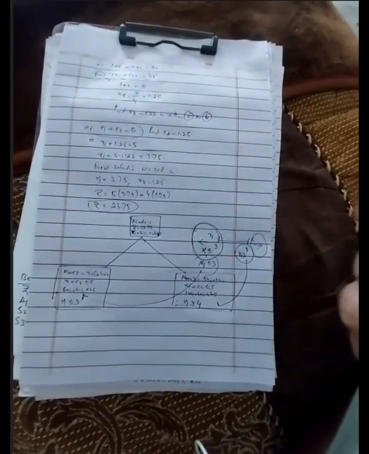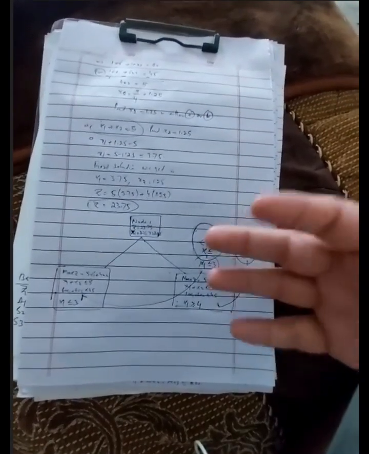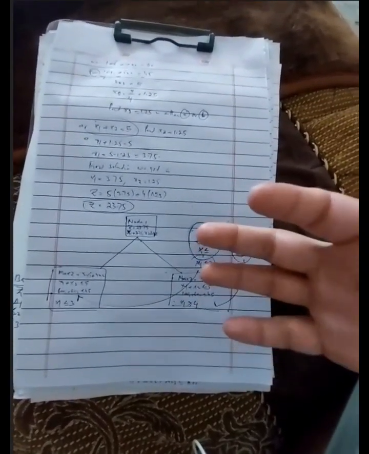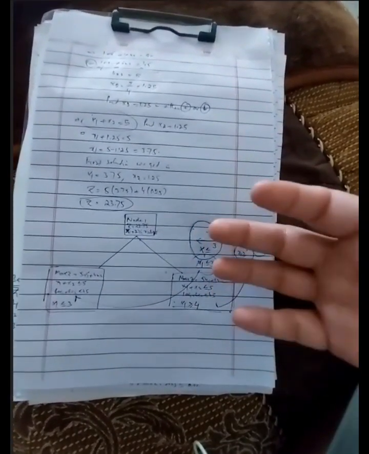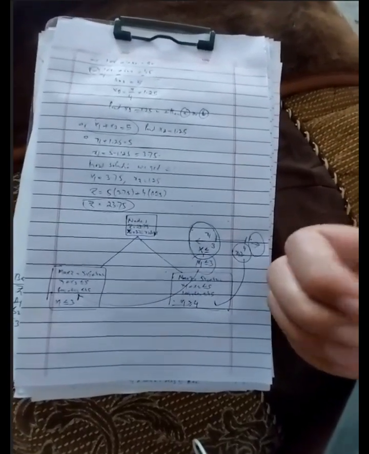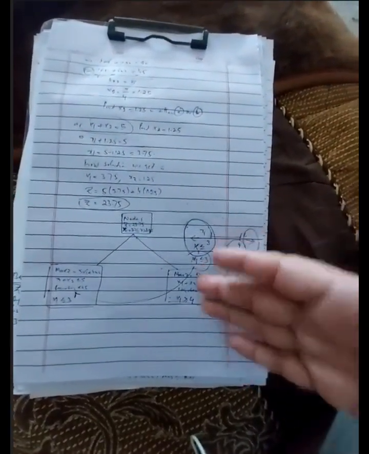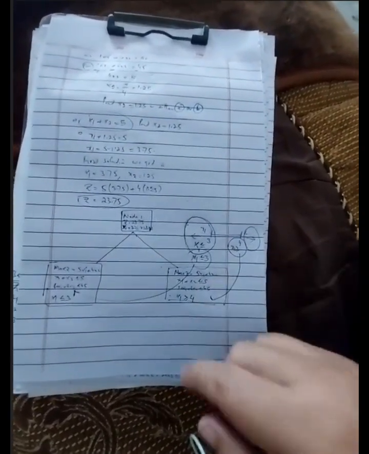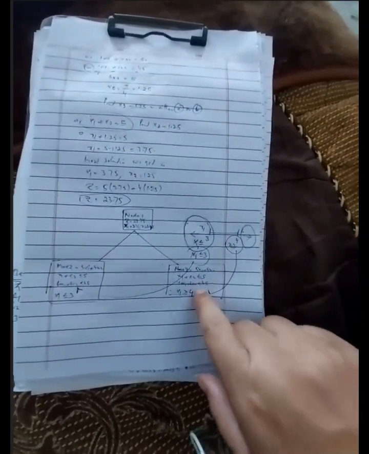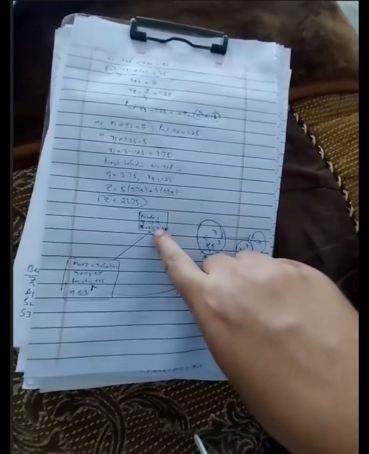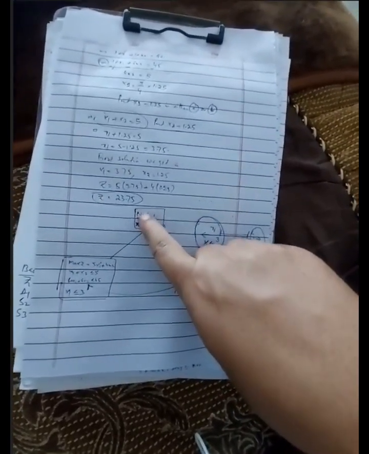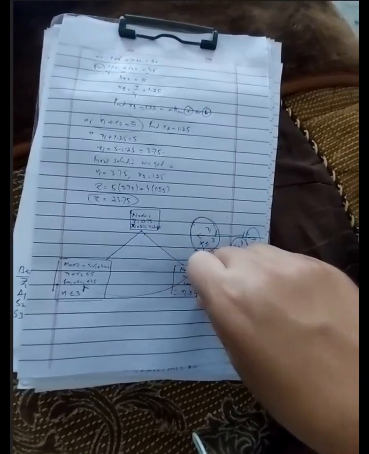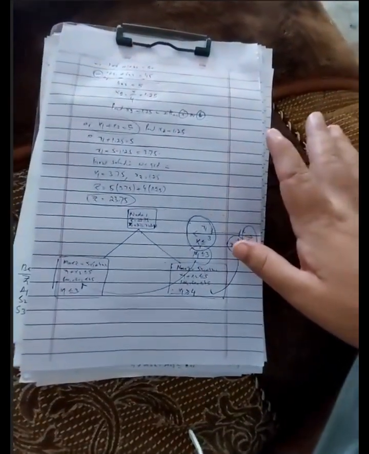Okay, but if any of the branches doesn't yield integer values or doesn't go for optimal values, then we will need to branch it further and explore it further. But if the value we get here is less than the 23.75, okay, then we will not branch it any further.